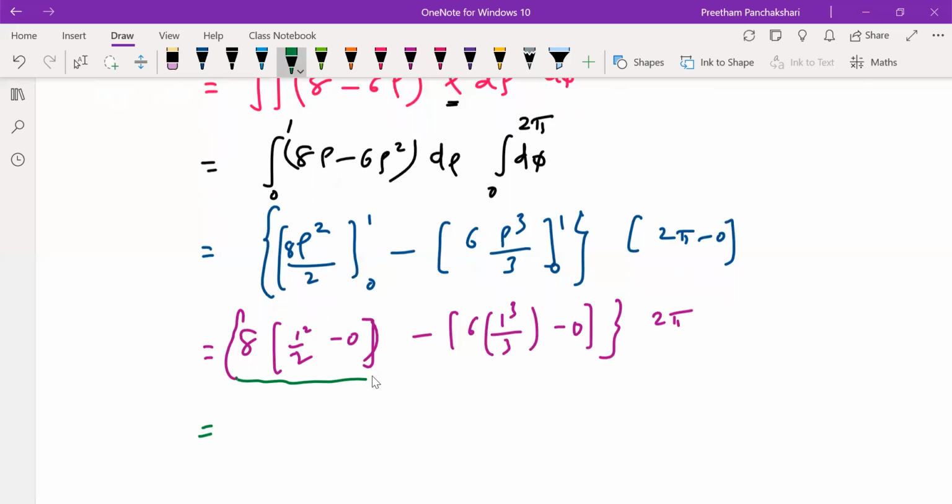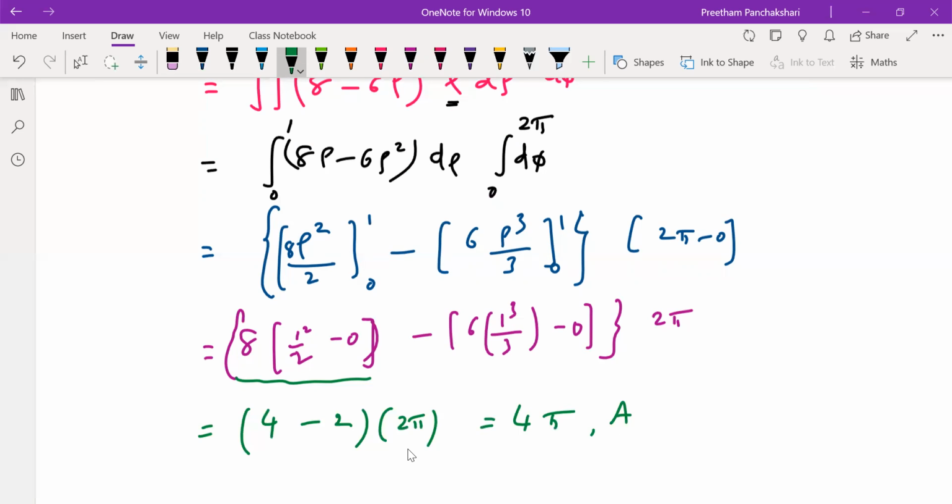So this is to be evaluated: 1 by 2 times 8 is 4, minus 1 by 3 times 6 is 2, that is going to be 2, into 2 pi, totally 4 pi amperes.